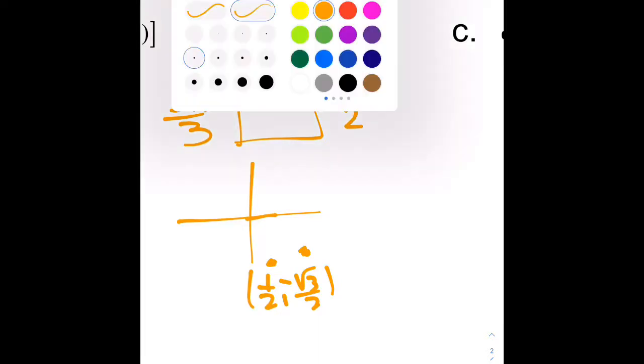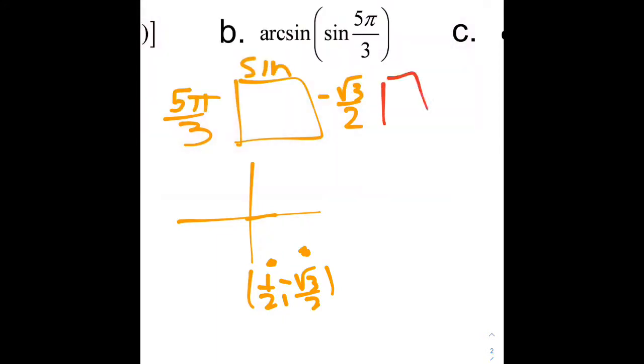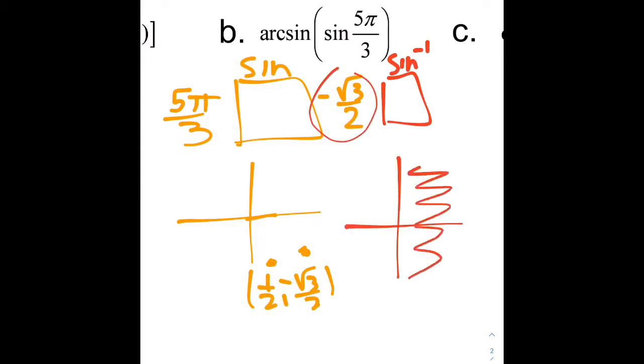But then I'm going to have to put that value into the inverse sine or the arc sine. And when you take -√3 over 2 and you put it in the arc sine, it is only defined in those two quadrants. So I'm going to be in the fourth quadrant, but 5 pi over 3 assumes you go this way.